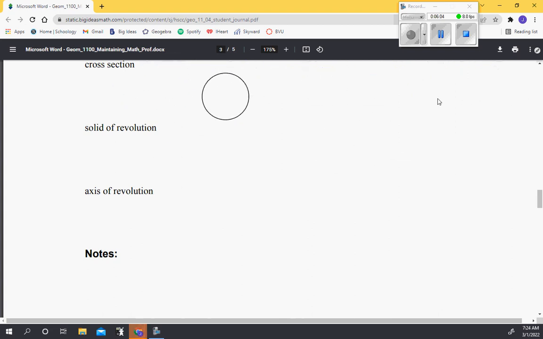So, drawing the cross section, let's see if I can draw this here. If I have a cube, which is square, and I can draw a cube decently. Okay, there's a cube.